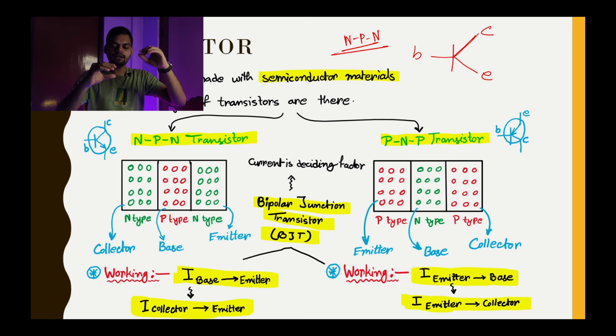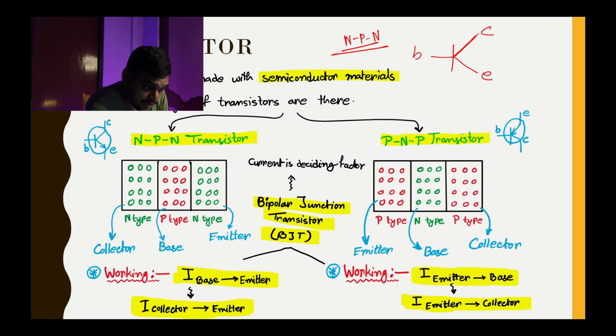If we have a little bit of current flowing from the base towards the emitter, then a large current will flow from collector to the emitter.